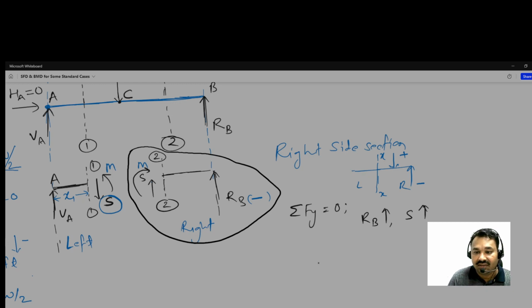We take negative RB, negative S. So what will be then, minus S minus RB is equal to 0, and RB is equal to W by 2. So what we get ultimately, S is minus W by 2.